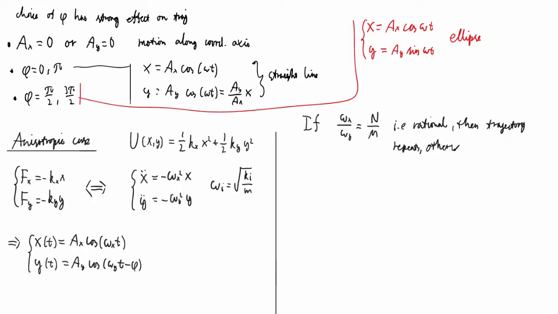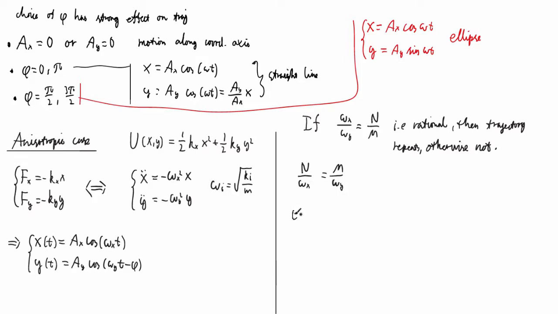And otherwise it doesn't. Okay. So to prove it, let's assume that it is rational. If we can write omega x over omega y as n over m, that means that we can write n over omega x as m over omega y.